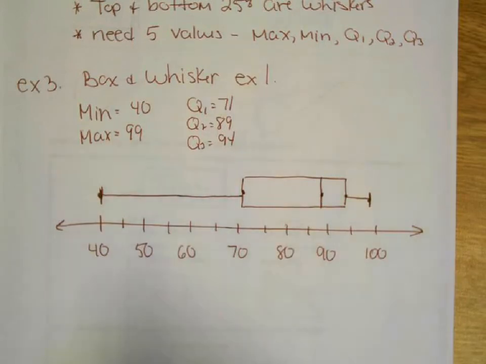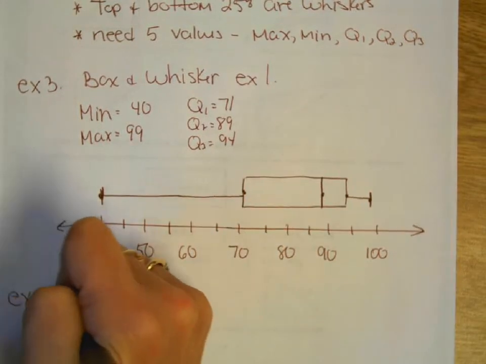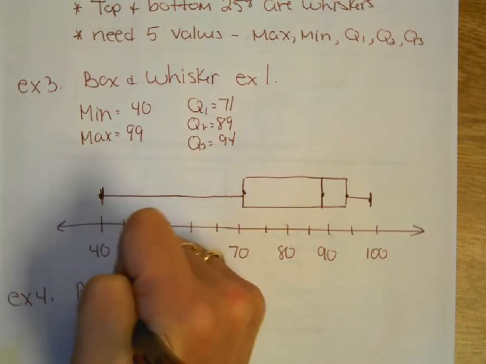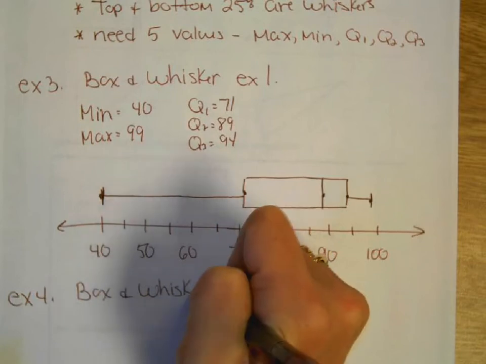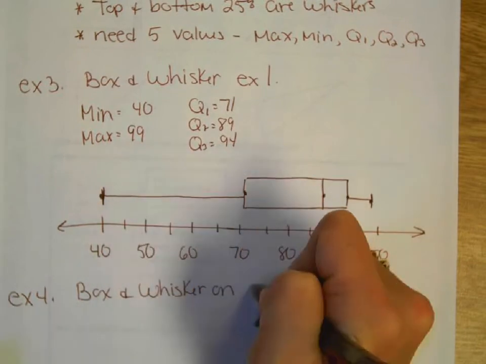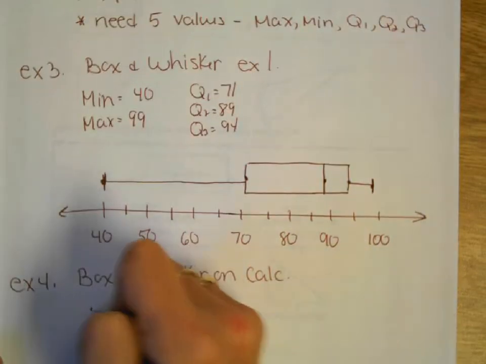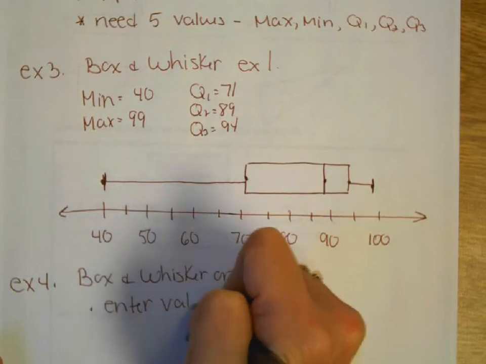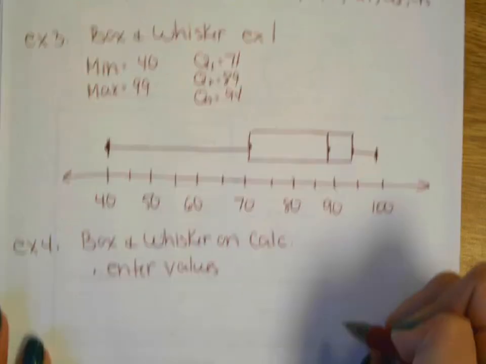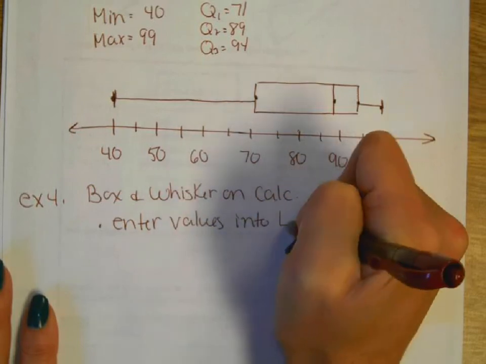Okay, again, you can make a box and whisker on the calculator very easily. And the way to do that, you enter values into a list.